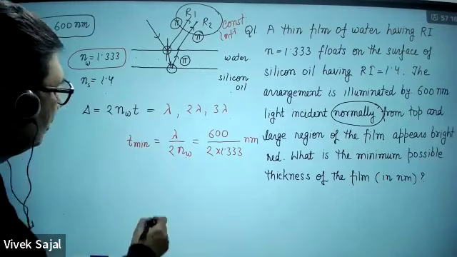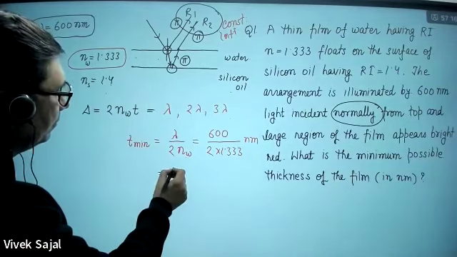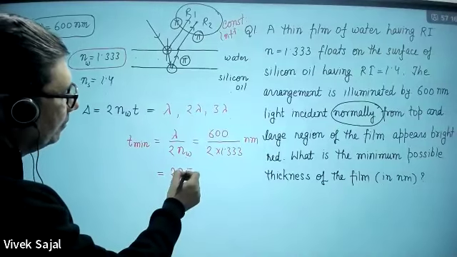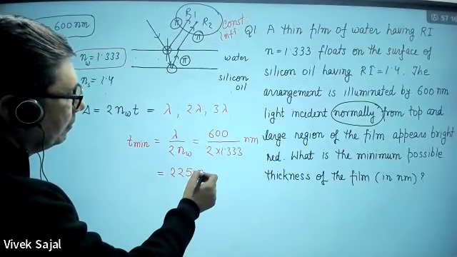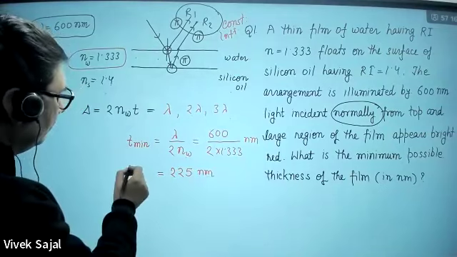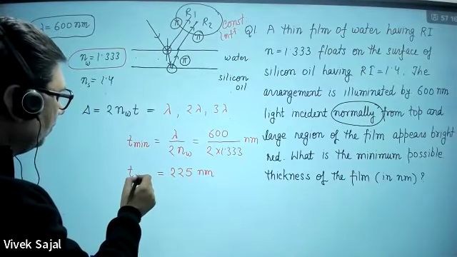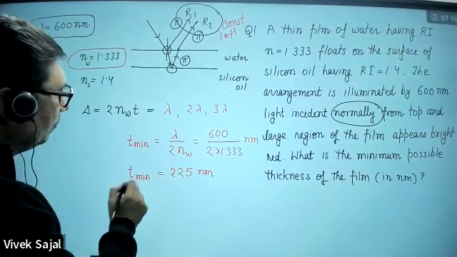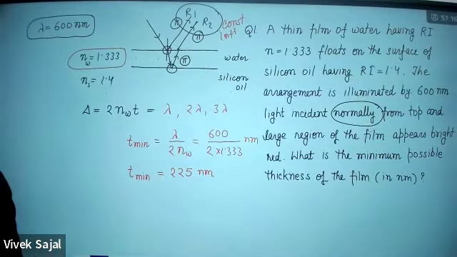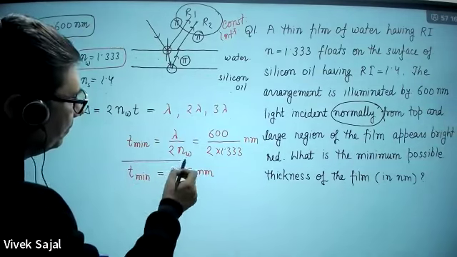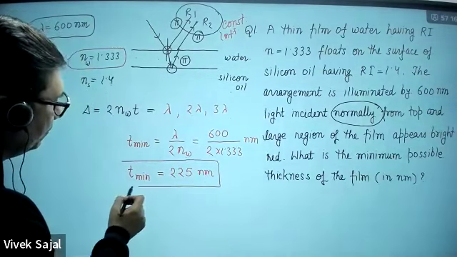This will be 225 nanometer. So T minimum should be equal to 225 nanometer. This should be the answer of this question.